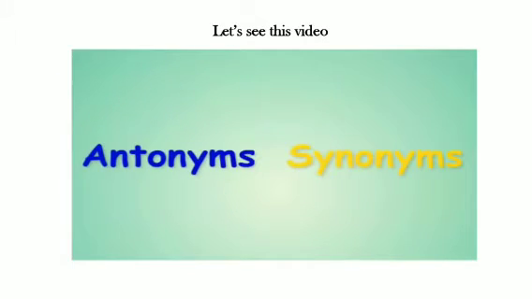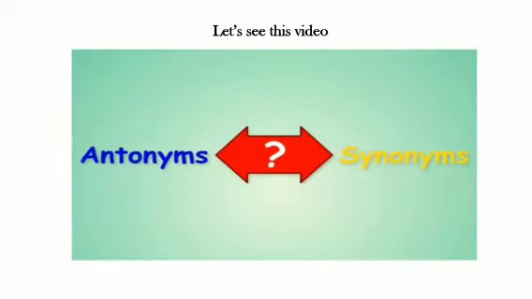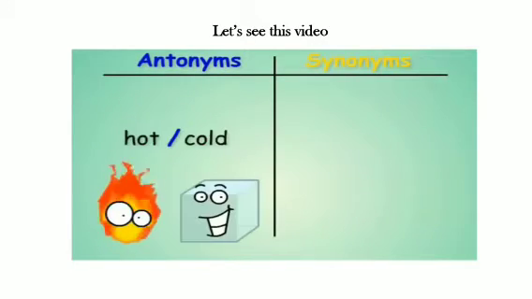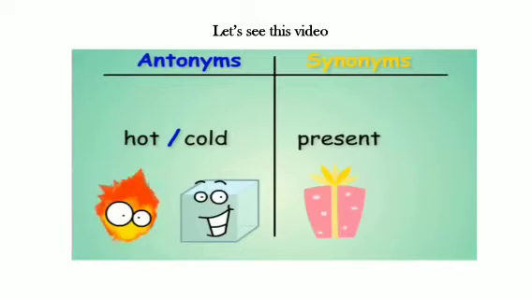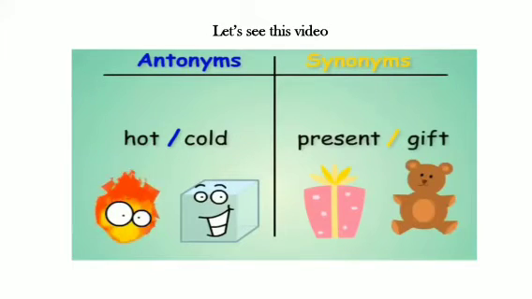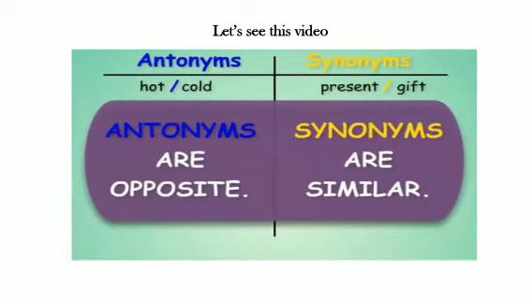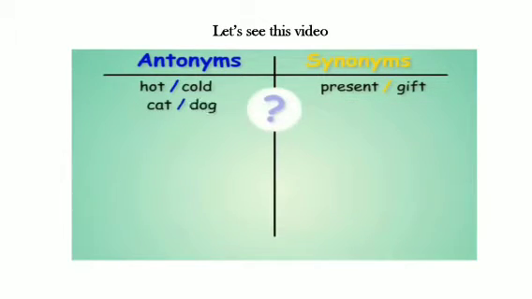Antonyms and synonyms tell you about the relationship between two words. If the words mean the opposite of each other, they are antonyms. If the words have the same meaning as each other, they are synonyms. Just think of it like this: antonyms are opposite, and synonyms are similar. Are cats and dogs antonyms?